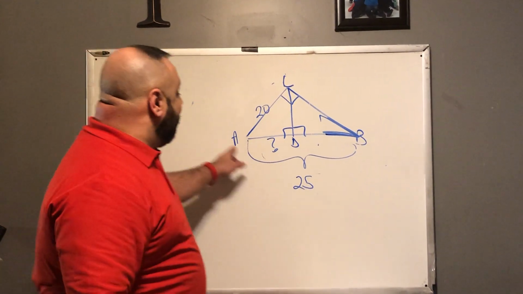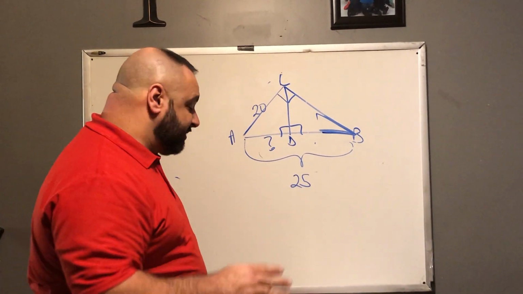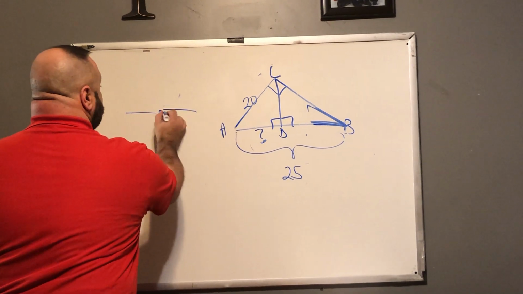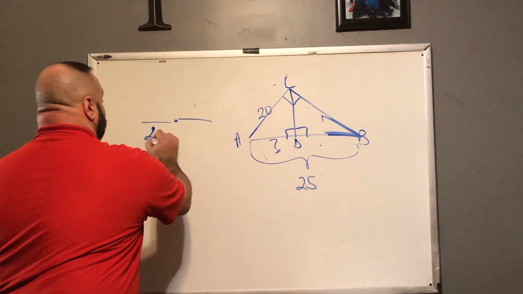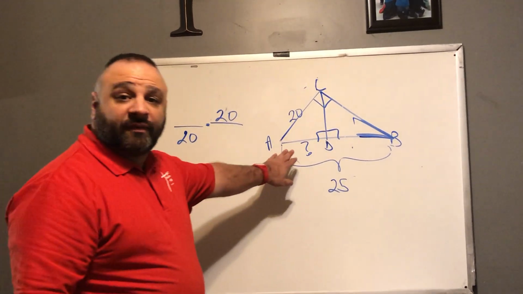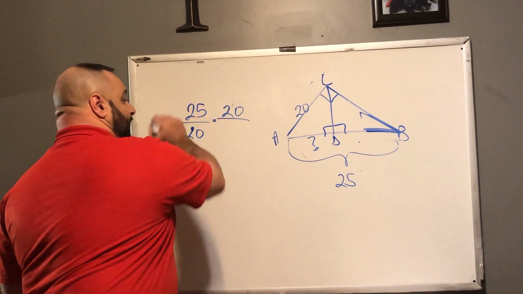So let's write our geometric mean first, all right? I think sometimes that's easier. So the length of our side would simply be 20 and 20. First term, the length of the hypotenuse, which is 25.